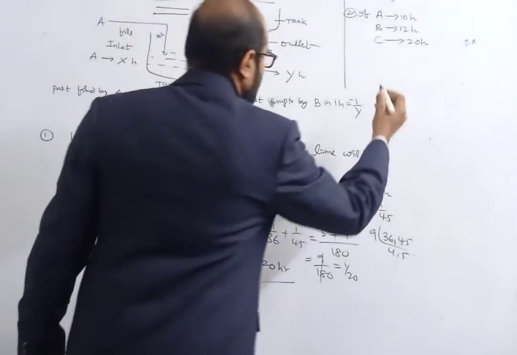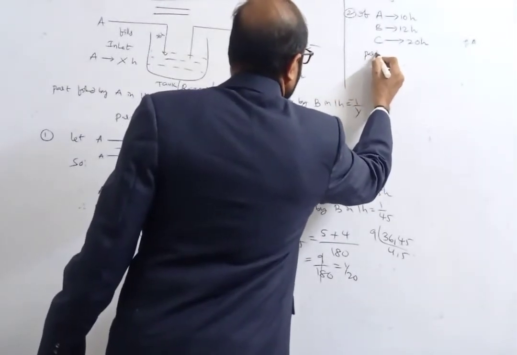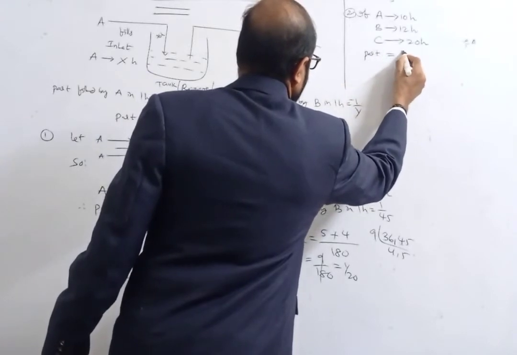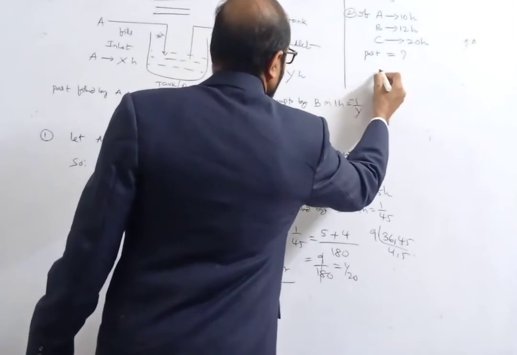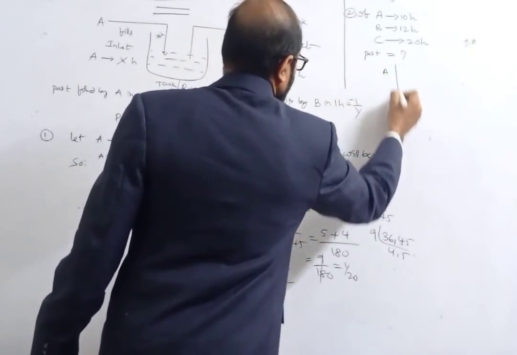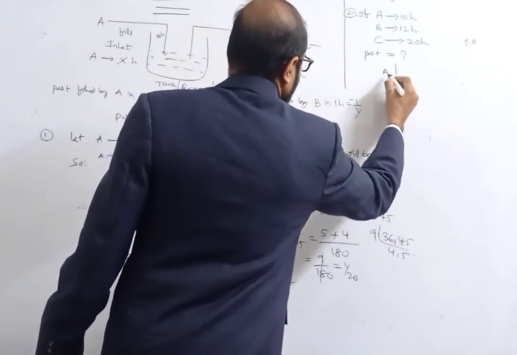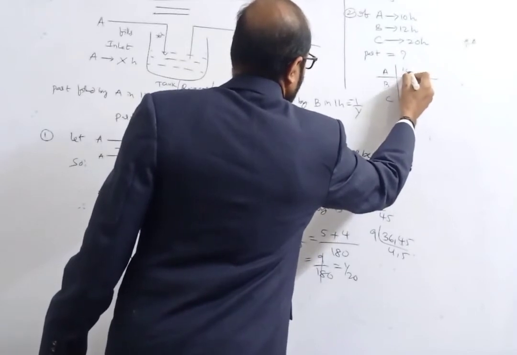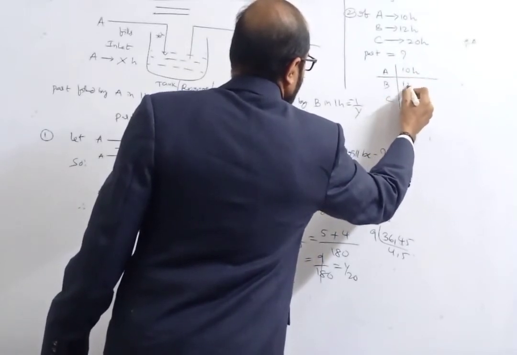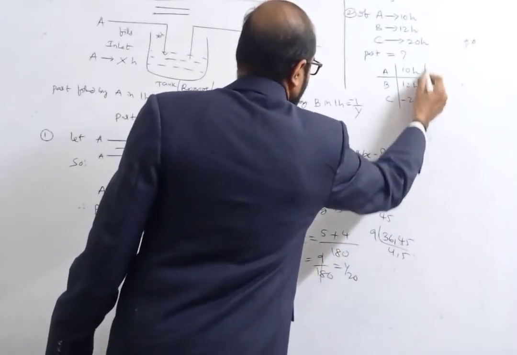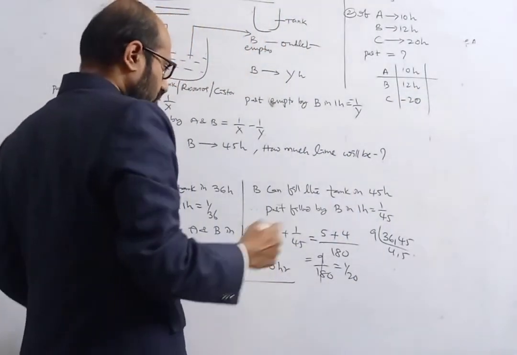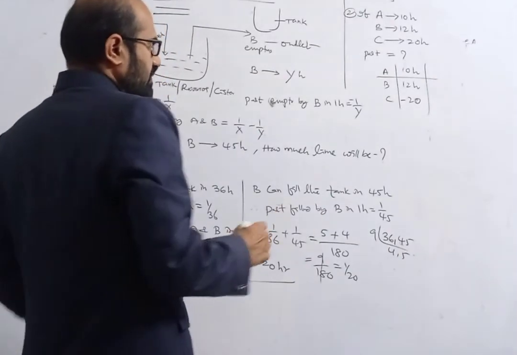Then what is the part filled by A, B, C? See here, I can write like this: A, B, C. C empties in 20 hours, therefore I can write minus 20. I am telling in an easy way.